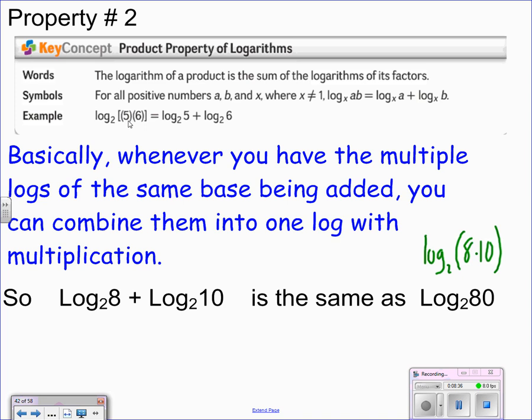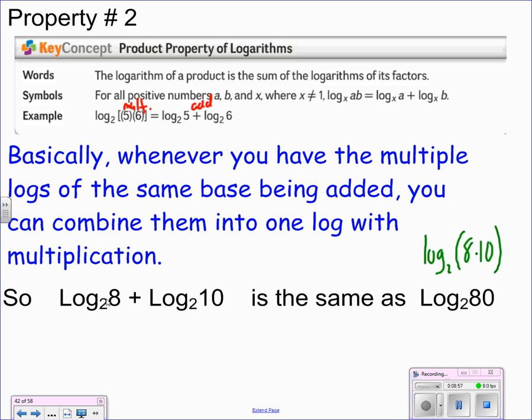If you have multiplication taking place inside your argument, then you can separate the two terms with an addition sign.